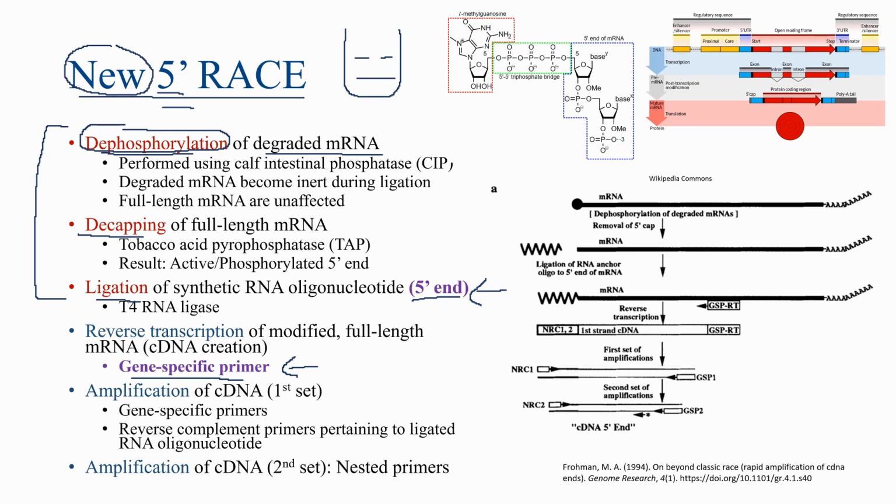That is, the messenger RNA fragments themselves can ligate to one another in the ligation step. So to prevent that, we will perform dephosphorylation of the degraded messenger RNA using an enzyme called calf intestinal phosphatase, or CIP.